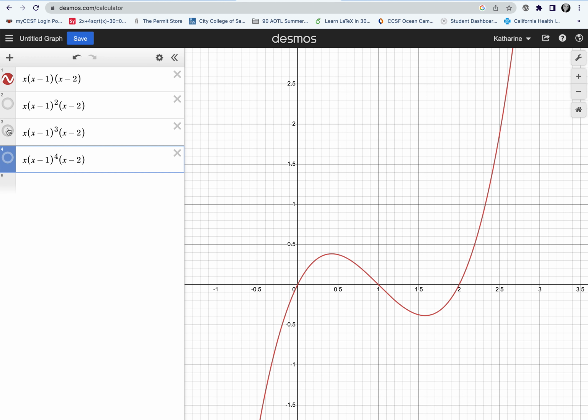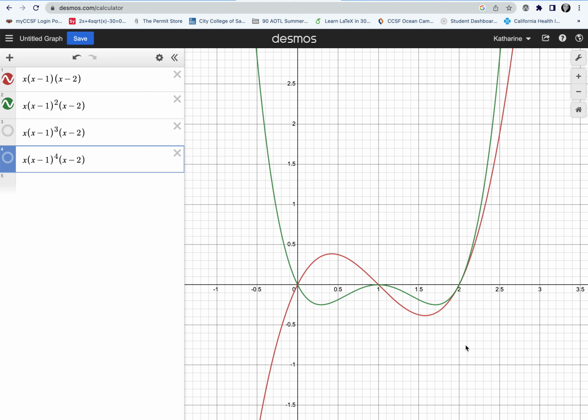And again, let me go back to the plain one and the one that's just a little bit sprinkled. So the x minus 1 quantity squared, you can see that happening because it does not cross all the way through the axis. It comes up, touches, and then comes back down.